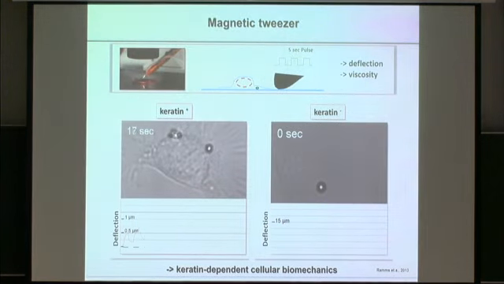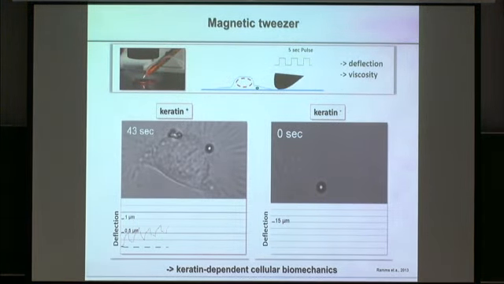And the importance of the intermediate filament system for mechanical properties also is summarized in this experiment. Now I'll go back to the cultured system, also work we've done together with Rudolf Merkel's group.